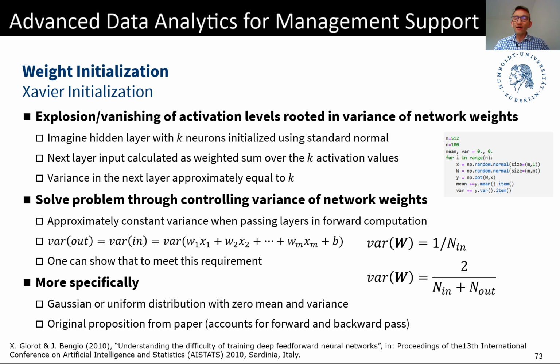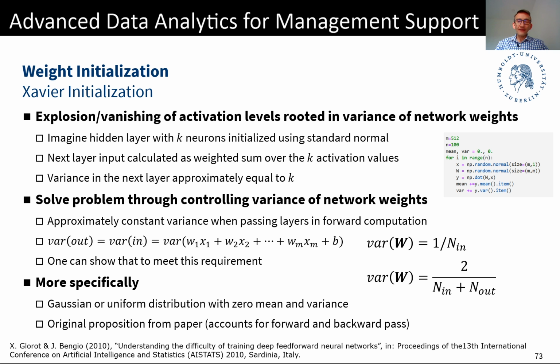So they are arguing that this problem of explosion or vanishing of the activation levels is rooted in the variance of network weights. And then they explain in detail that if you imagine a hidden layer with k neurons, and you initialize these neurons using the standard normal, as we just did in our example, right?